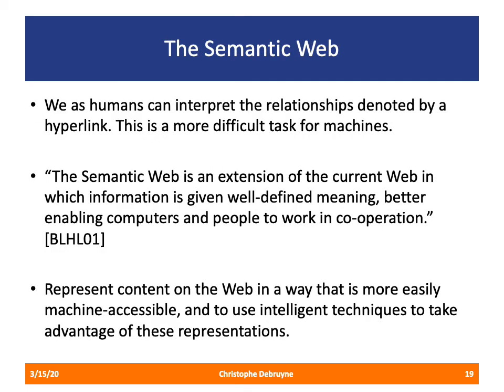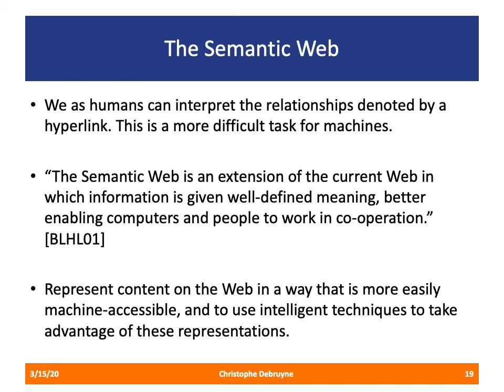One important application domain of ontologies is the so-called semantic web, or the meaningful web. On the web, we as humans can interpret the relationships denoted by hyperlinks, often implied. That task for machines is much more difficult. Now, what is the semantic web? Well, the semantic web is defined as an extension of the current web in which information is given a well-defined meaning, better enabling computers and people to work in cooperation.